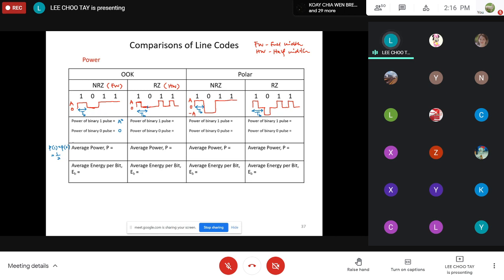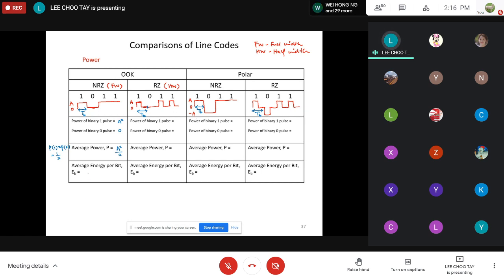So that means we're going to transmit equal numbers of 1s and 0s. Therefore our average power now is we add these two up and we divide by 2. So that gives us A square over 2, which is the average power used to transmit non-return to 0 on-off keying pulses.